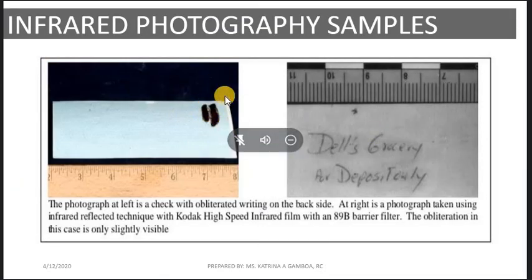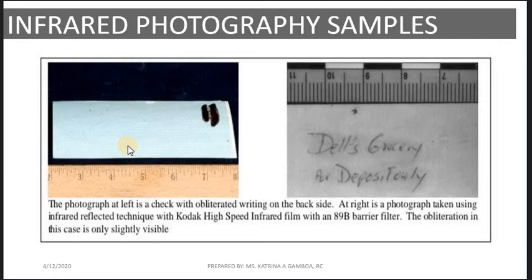Another example. Ito naman, obliteration. The photograph at the left is a check with obliterated writing on the back side. Ito yung sinulat niya. Ano nakasulat? Del's Grocery for deposit. At right is a photograph taken using infrared reflected. Ganito ang nangyari dyan. Kahit binura mo na, di ba ugali nyo yan?